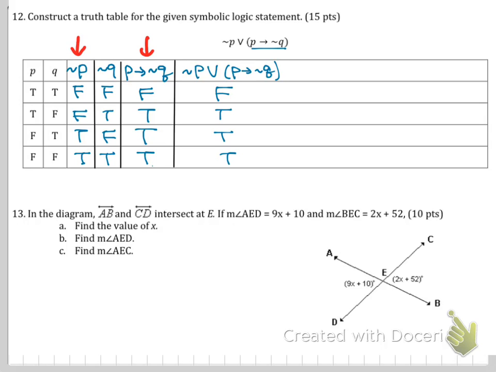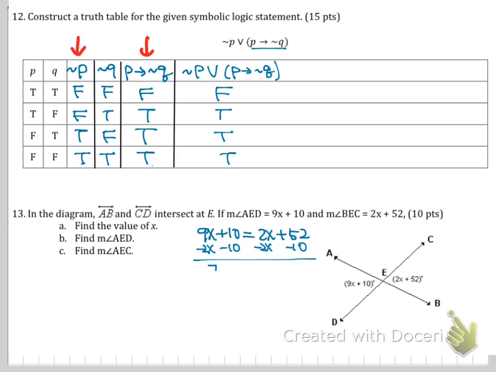We realize that both angles are vertical angles, therefore they have to be equal to each other. So the equation that I can set up is 9x plus 10 is equal to 2x plus 52. First I can subtract 2x from both sides and subtract 10 from each side.